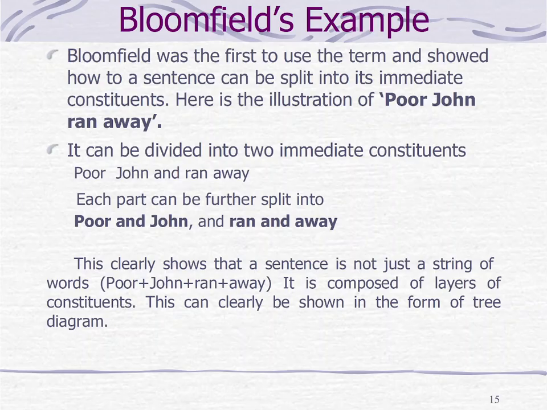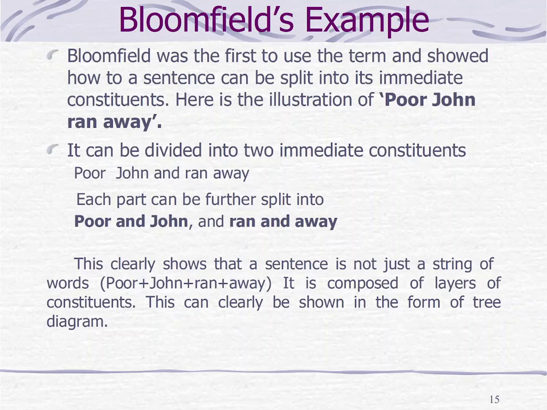Now, these two are therefore the immediate constituents of the sentence, but they are not ultimate because they can further be divided. So, as the next step, we can divide them into their immediate constituents.